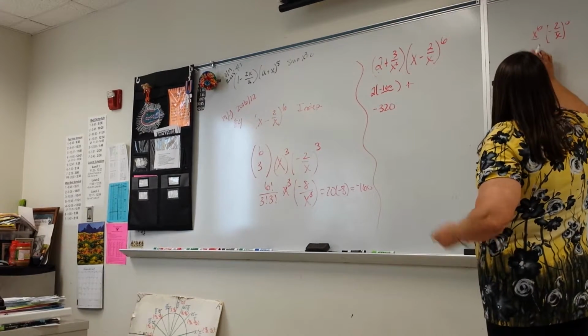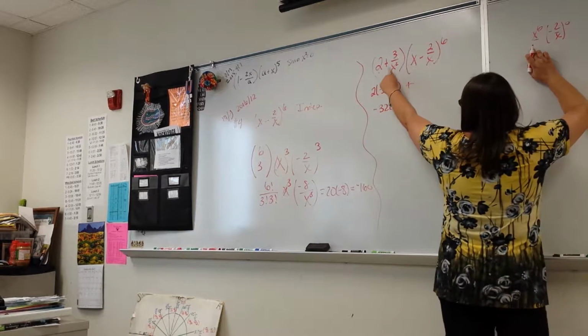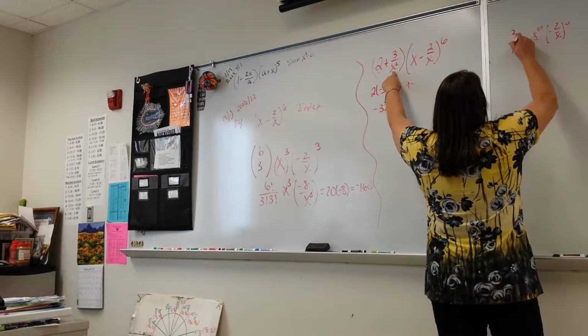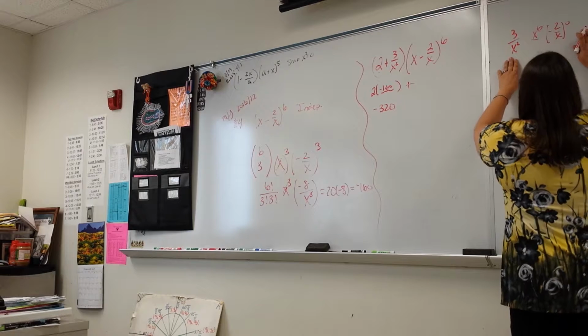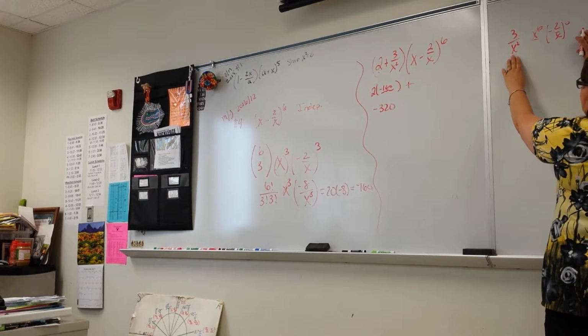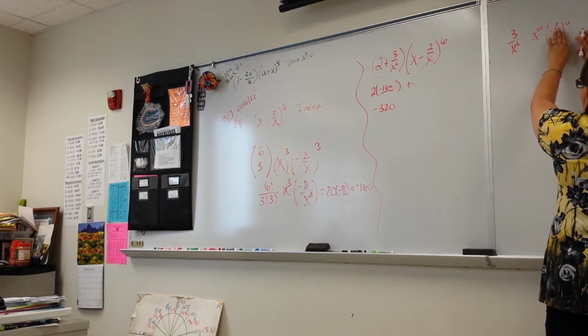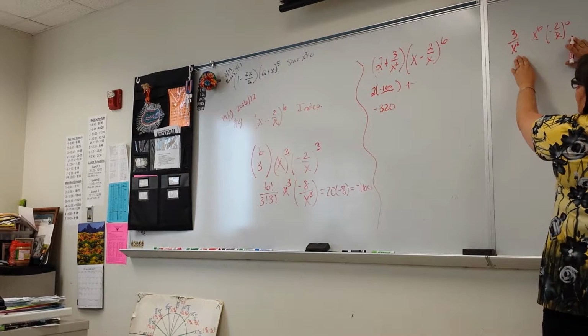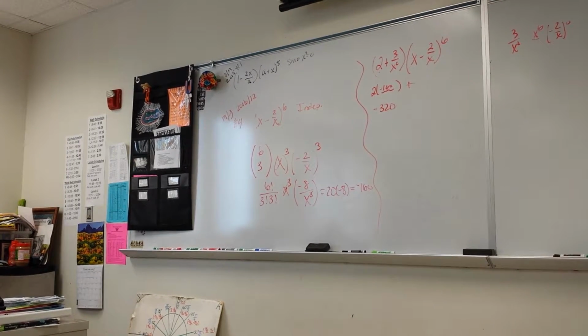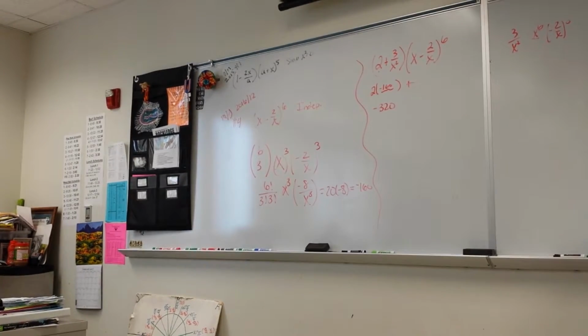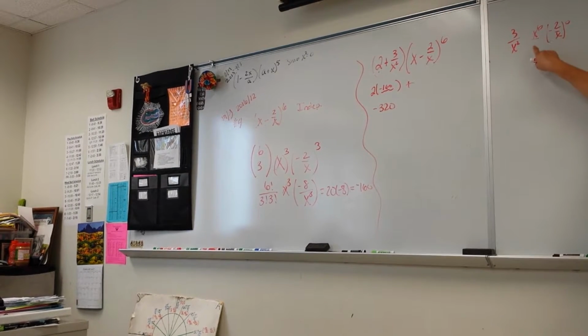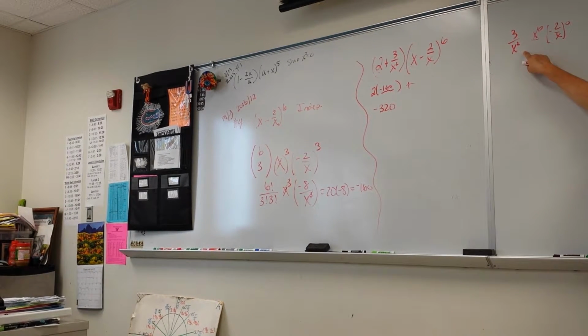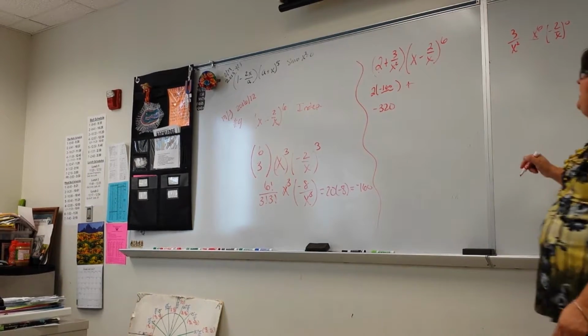If I multiply 3 over x squared by it, what happens? I got x to the 2nd down below, x to the 6th, and no x. So this would be x to the 4th. So it's still got x's, and that's not the one I want. So 4 and 2, that's what we need, because you want the numerator to have 2 extra x's compared to the denominator. Right. You're getting the answer.